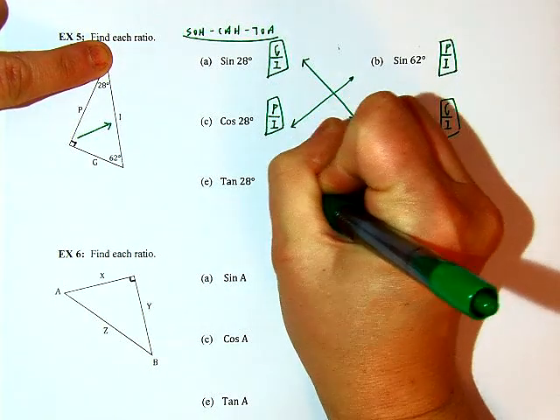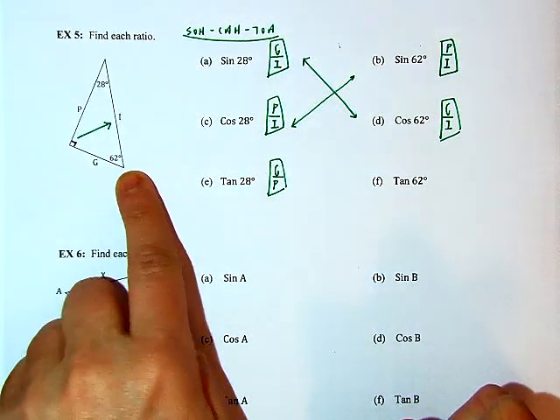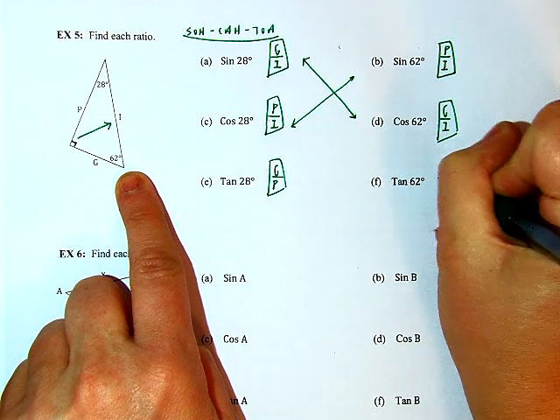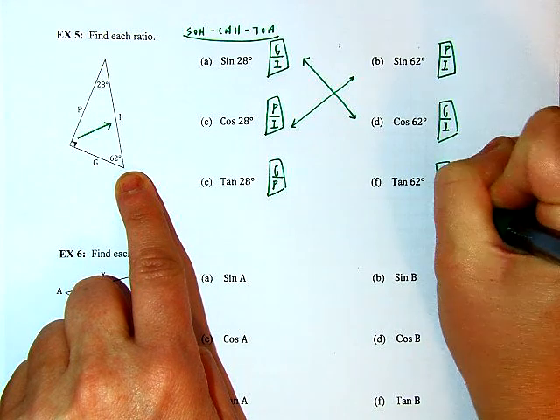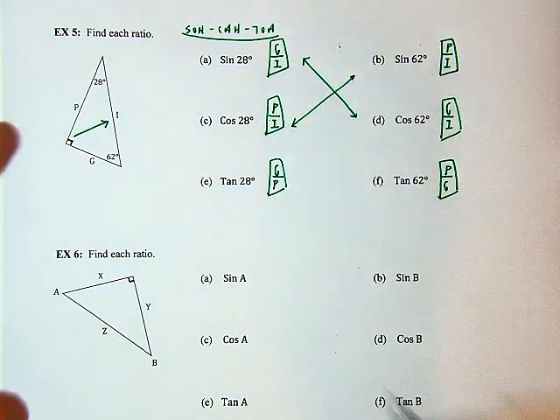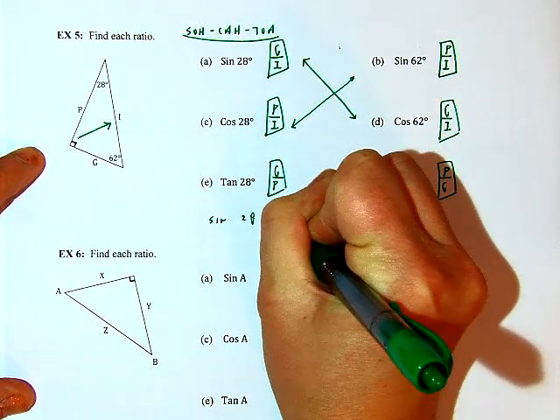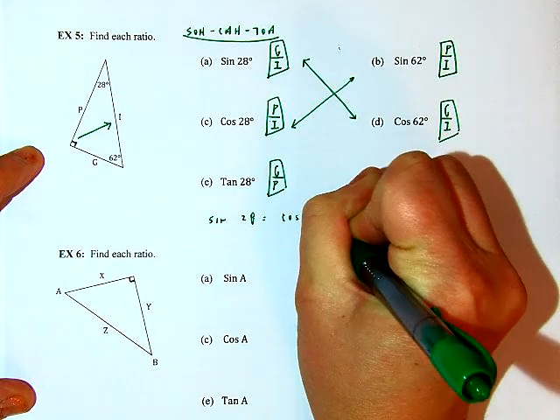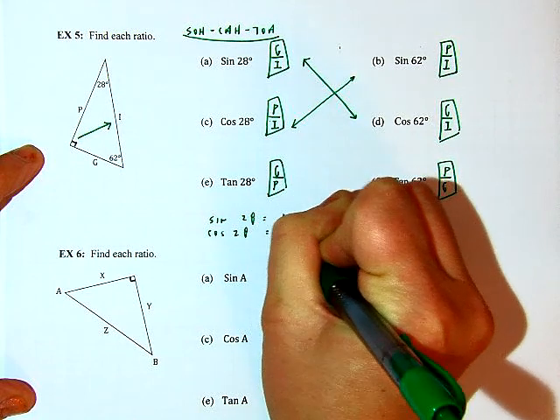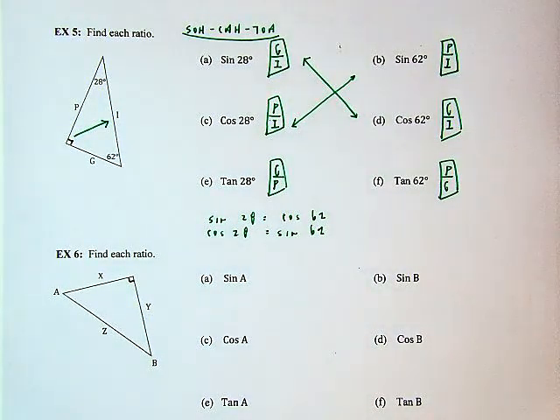So G to P. And then from 62, it's going to be the reciprocal, opposite over adjacent, P to G. Okay, and then again, what I really want you guys to remember is that we saw that sine 28 was the same as cosine 62, just as cosine 28 was the same as sine 62. Right, we saw that relationship up above.